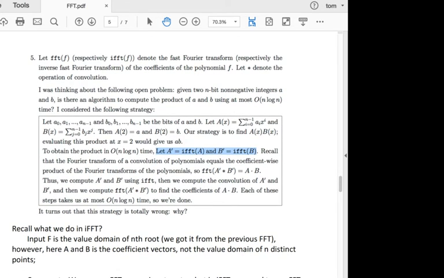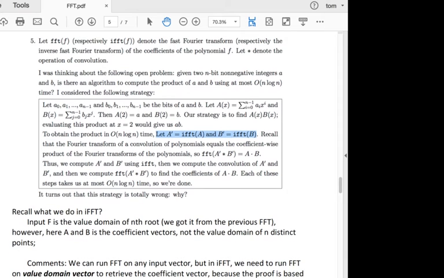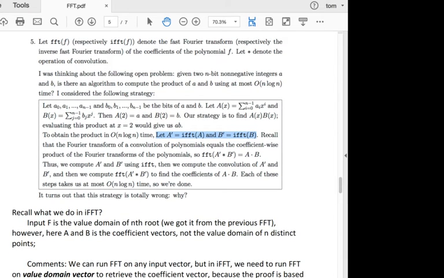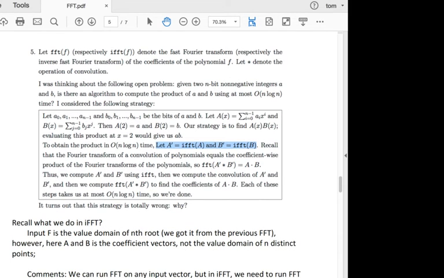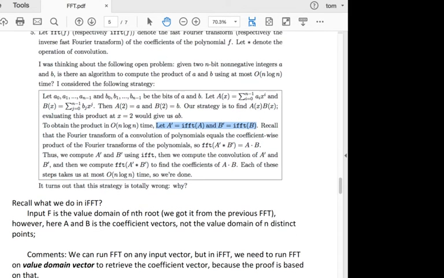This problem tries to solve the multiplication using time complexity n log n. Actually, it's impossible to do that theoretically.